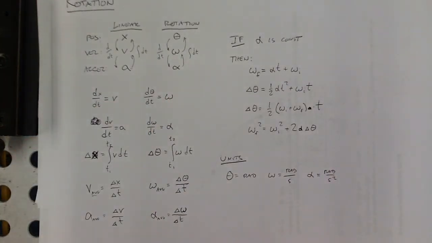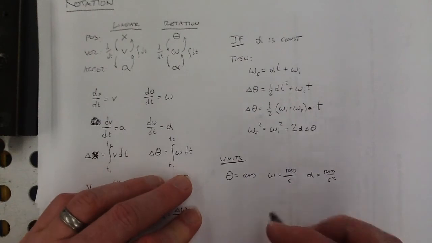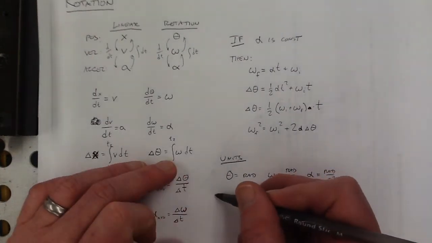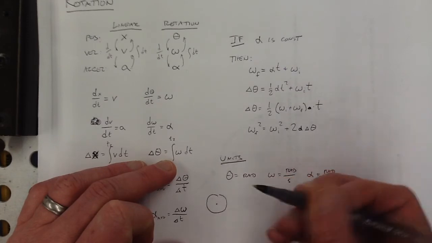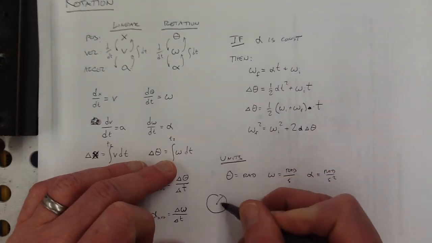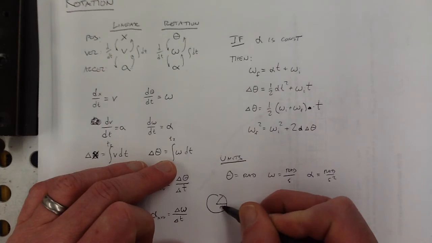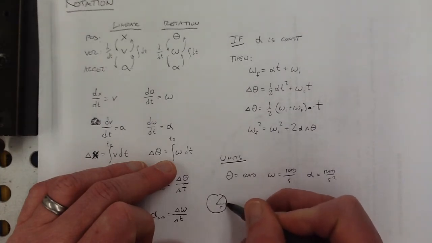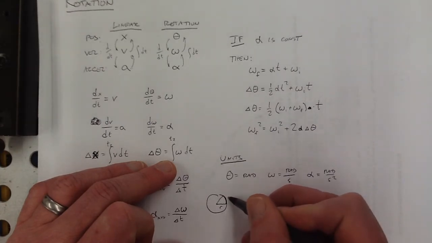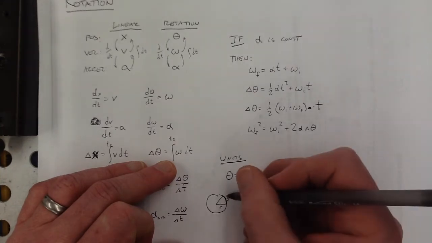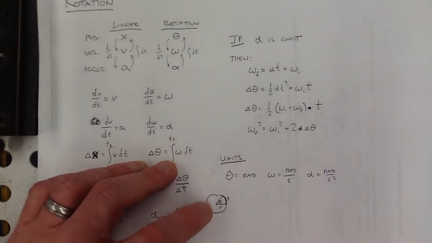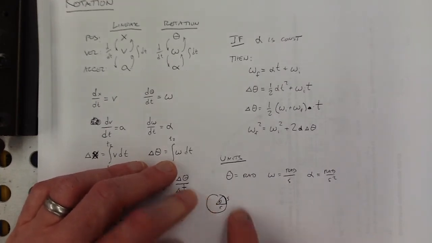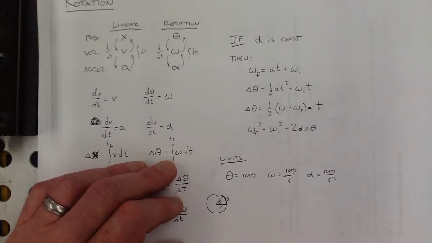And I need to point out a relationship to you also. In a circle, what is a radian exactly? Well, if this is a circle of radius r, and this distance right here, which we call an arc of length s, and if this is angle theta, if you measure theta in radians, there's a very nice relationship here.